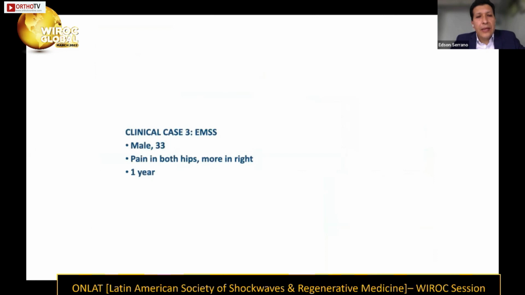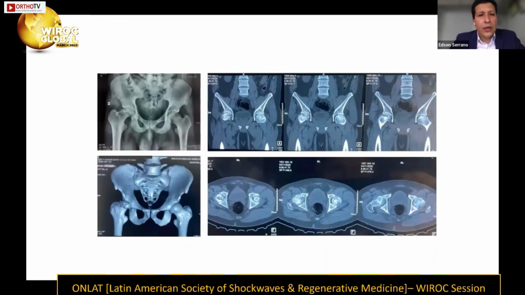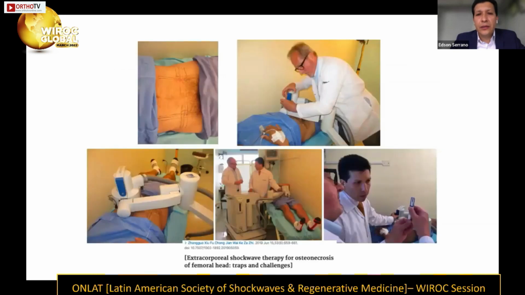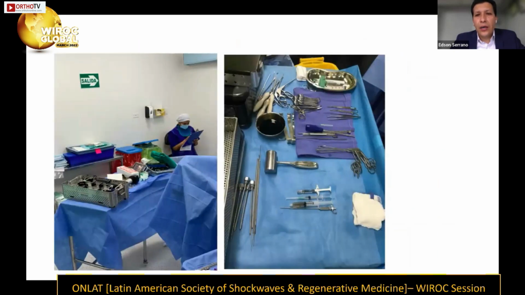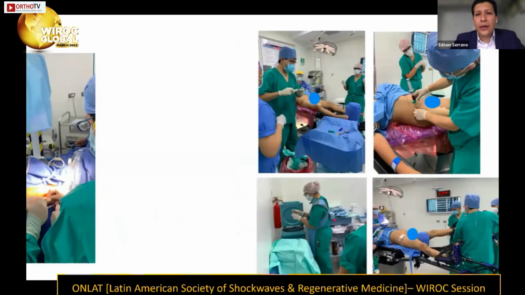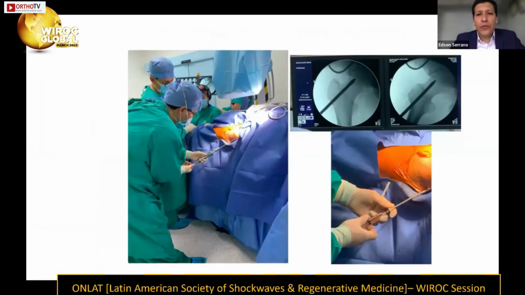Another case, a male, 33. You can see the severe change in the right hip. For this hip, we decided to perform a total hip replacement, and in the left there is femoral acetabular impingement. We performed shockwave, hip arthroscopy, bone marrow cells, core decompression and shockwave.